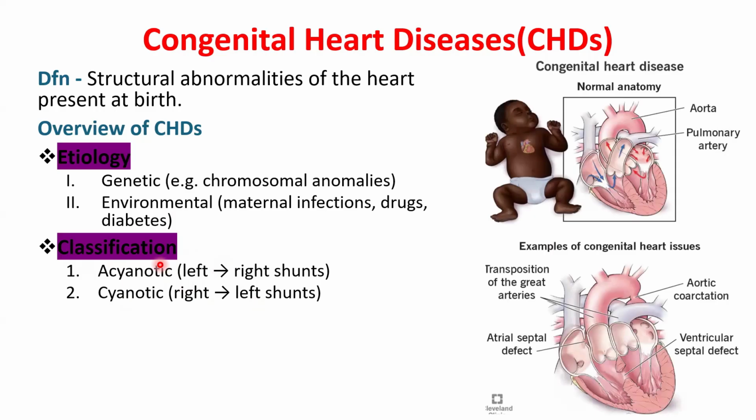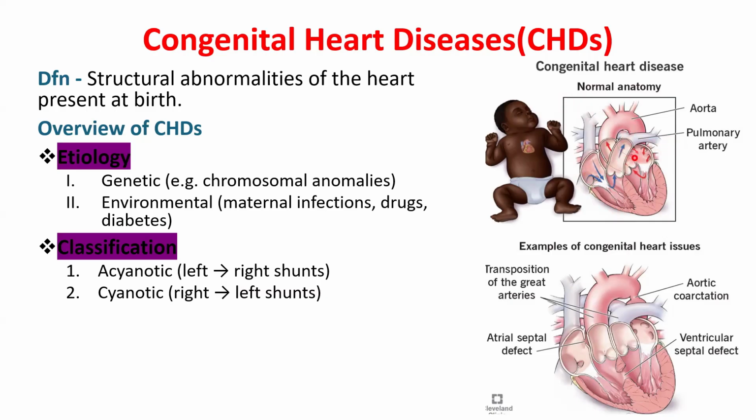So this is the normal heart anatomy. I want us to look at this side image. The normal anatomy is that blood gets into the heart through the superior vena cava and inferior vena cava into the right atrium, then the right ventricle, from the right ventricle to the pulmonary artery to the lungs.